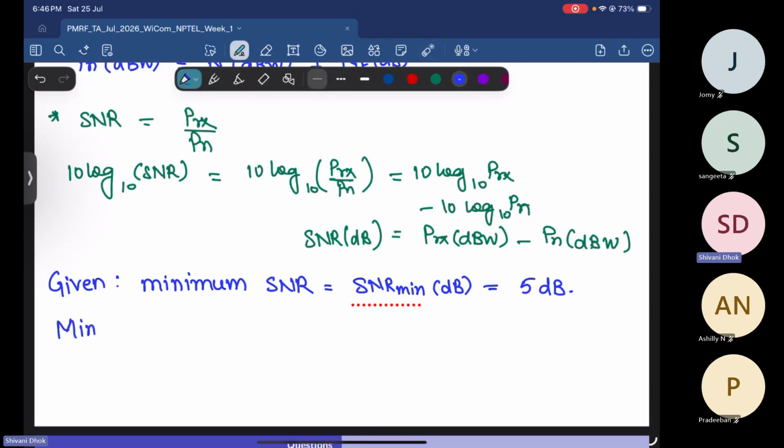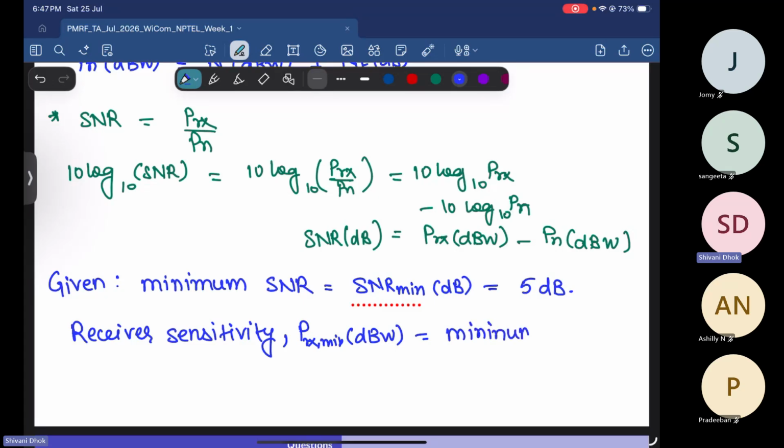So receiver sensitivity, that is your PRX min in dBW, is the minimum value that the receiver can sense.